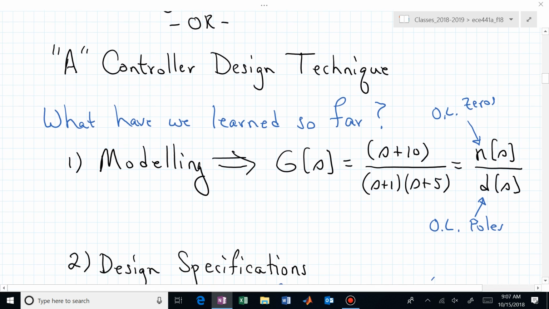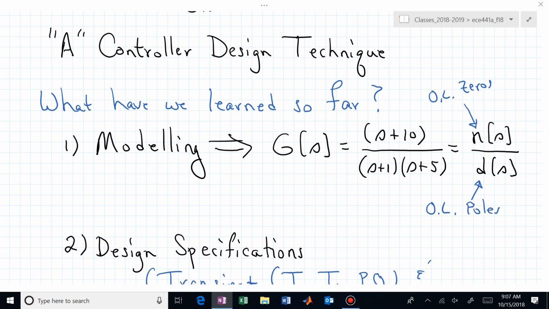So here's what we've learned so far. We've learned how to model systems via differential equations, transfer functions, etc. You might end up with some plant G(s) that looks like this. It's a ratio of factors. The denominator factors represent our open loop poles. We might refer to those as little d(s) as a polynomial.